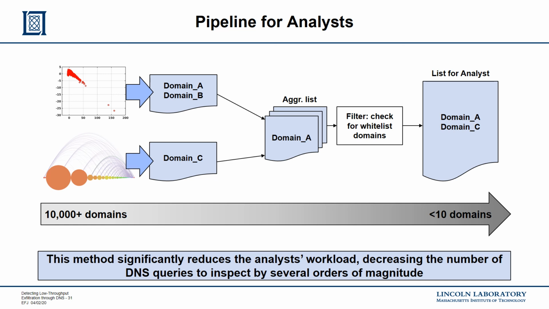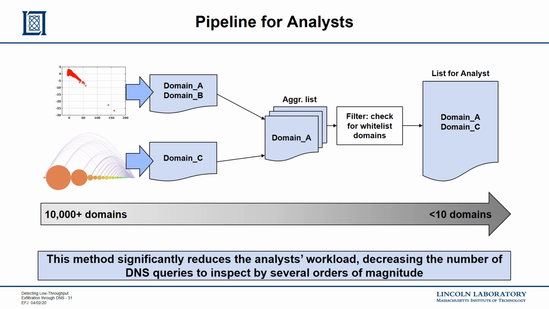One thing that can be applied is a filter to check for whitelist domains, as if you have a domain that is approved by a network analyst to be benign, you don't want them to have to continually see that as a domain that they need to investigate every day.